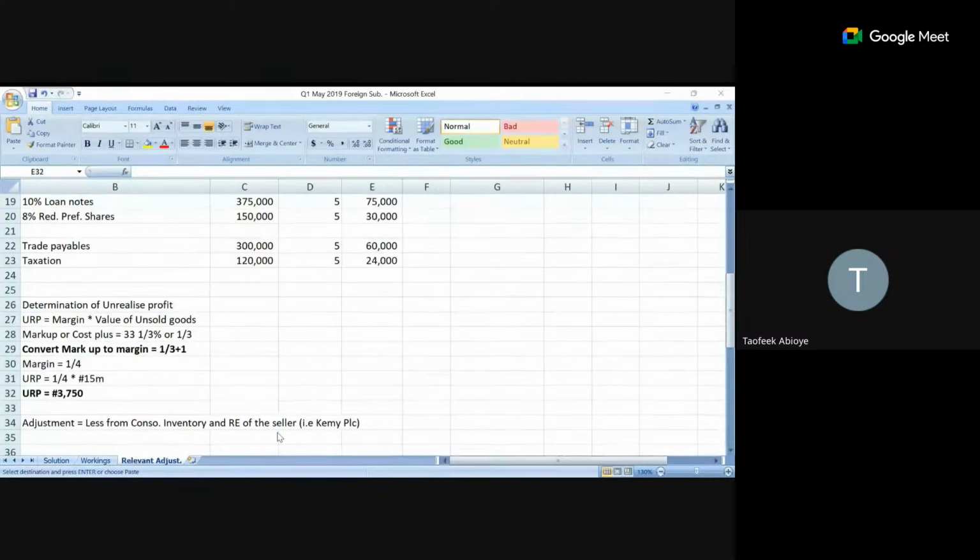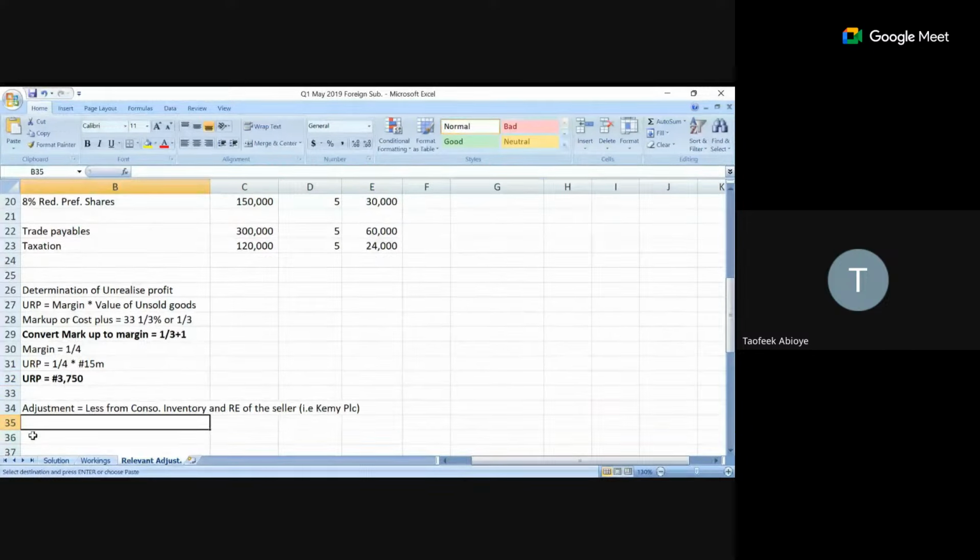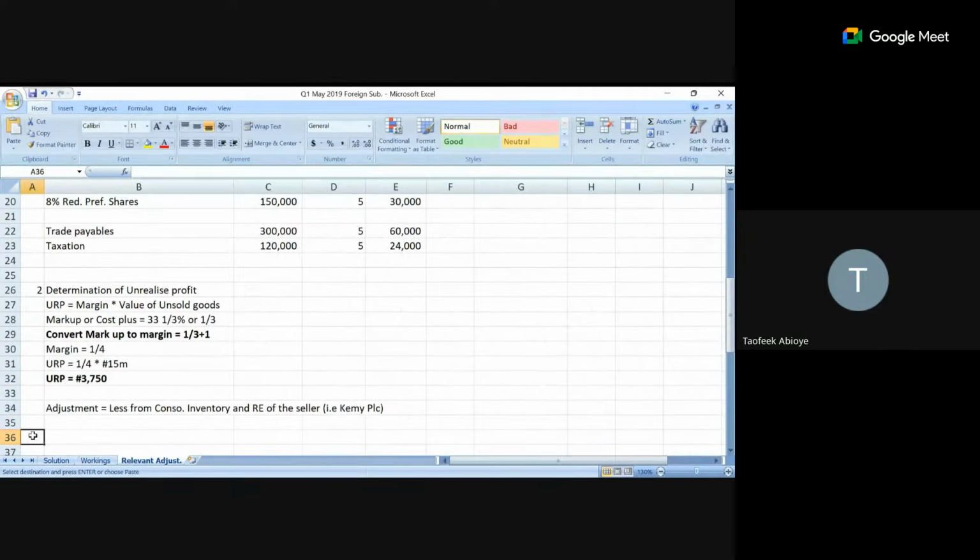It will create a cash in transit problem. When the parent company transfers money to the subsidiary, it is going to cause a cash in transit problem. Now, let's go. So it is called intra-group.